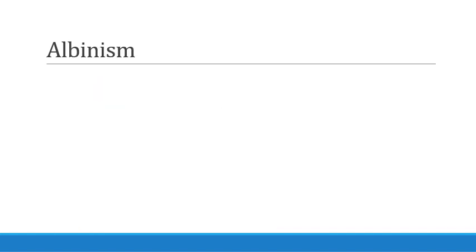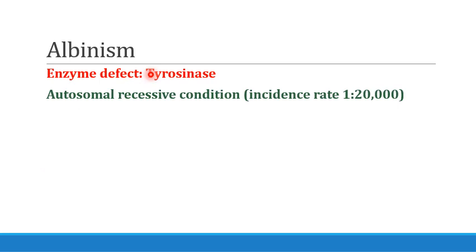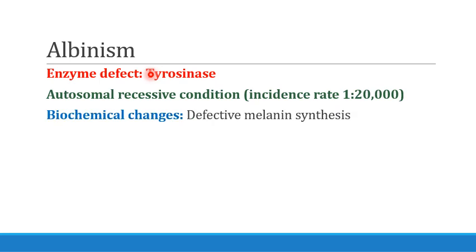Another inborn error of metabolism associated with tyrosine metabolism is albinism. It is due to deficiency of the enzyme tyrosinase. Again, it's an autosomal recessive condition with an incidence rate of 1 per 20,000 live births. The biochemical change seen is defective melanin synthesis because of absence of the tyrosinase enzyme.